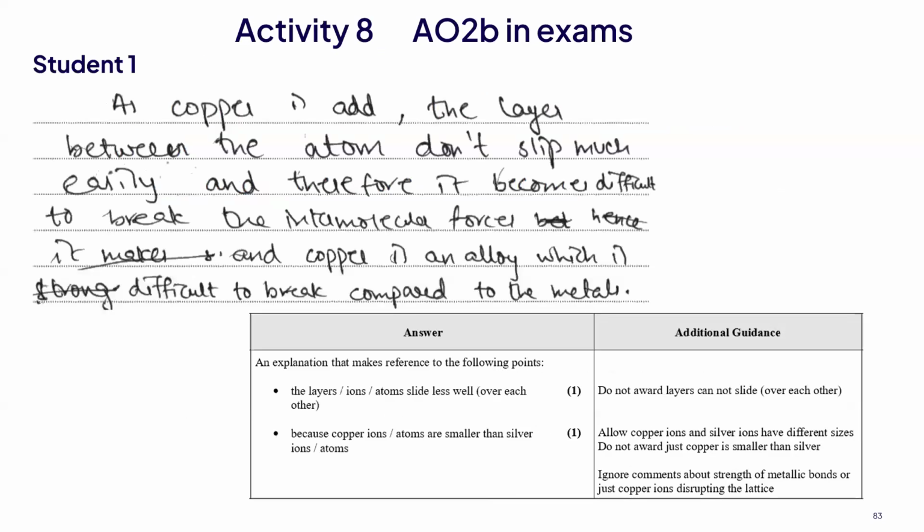Okay, there's the first question, first student answer. So have a look for layers of ions or atoms slide over one another less well, and then any reference to the ions or the atoms being of different sizes.